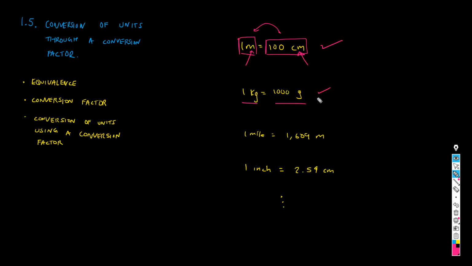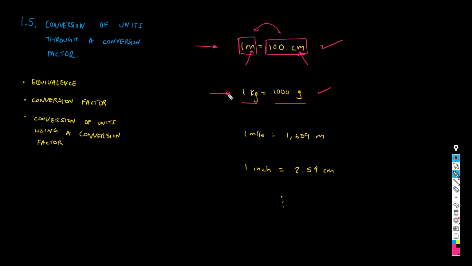So these are equivalences. And just a small remark. Many people think that you have to memorize these equivalences. No, you don't have to. But it's a good idea to memorize at least the simple ones. For example, this one. This is very simple, right? If you don't know this one, you are in trouble because this is just common knowledge.